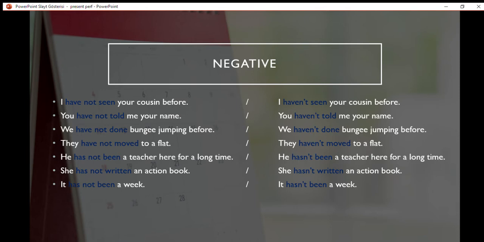So, the second form, past simple, and the third form, present perfect, are the same in regular verbs. Move, play, listen, watch.